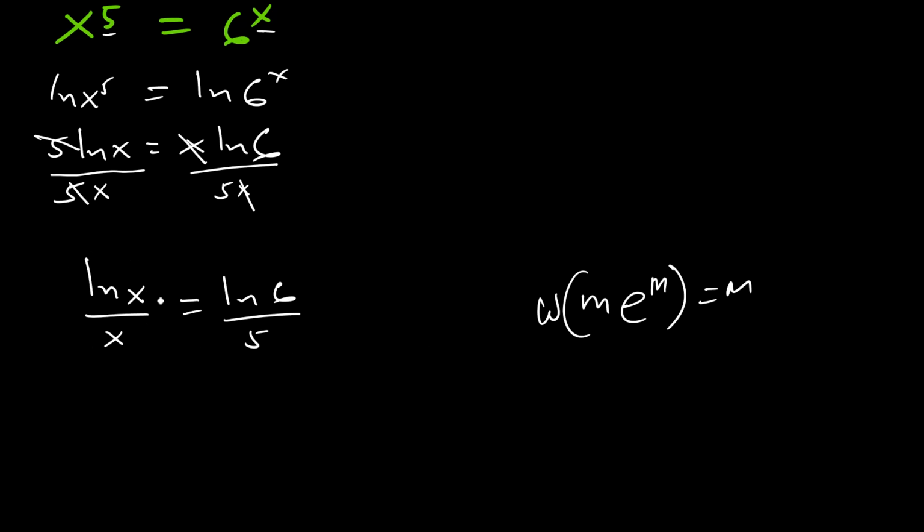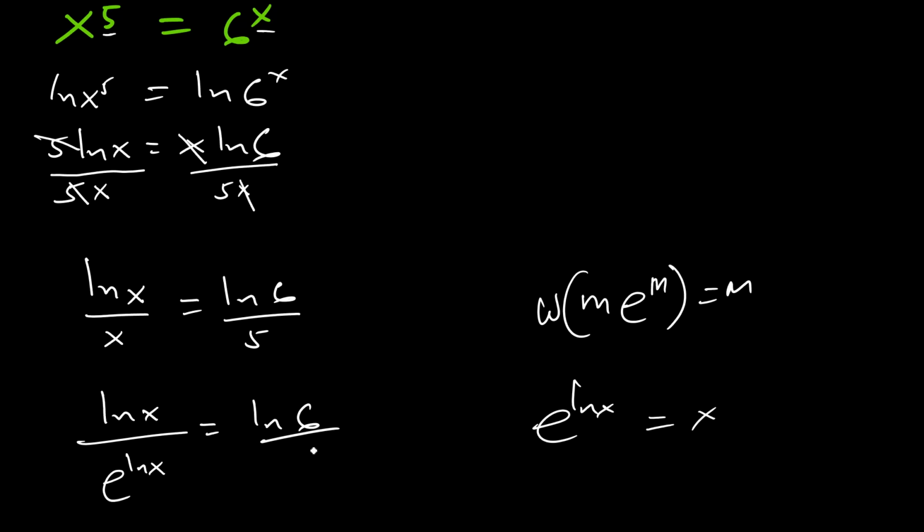So let's adjust the left hand side, and we know e raised to ln of x is the same as x. So let's introduce e here. So this one can be written, as per this information, e raised to ln of x, which is the same as x. We have this.